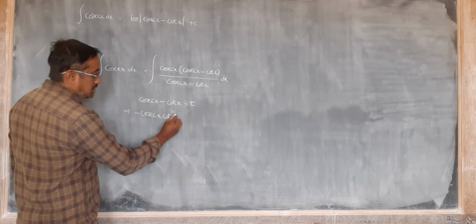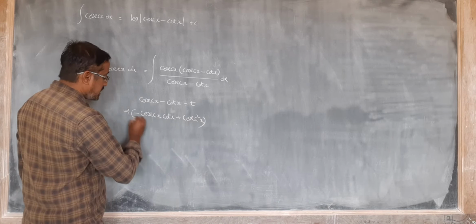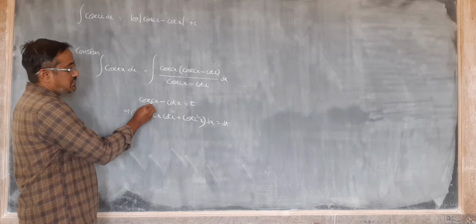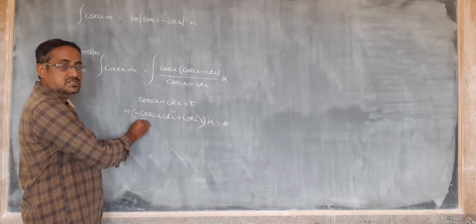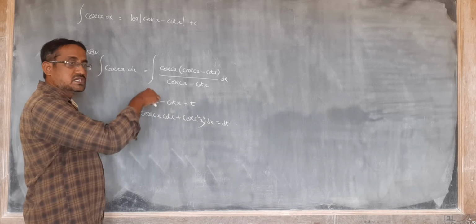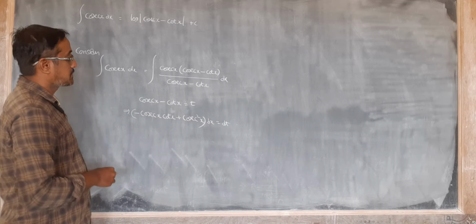So you will get plus cosecant square x dx is equal to dt.